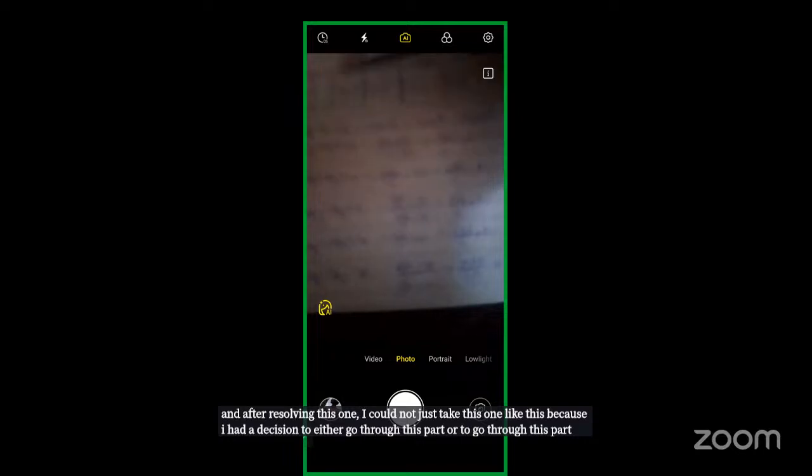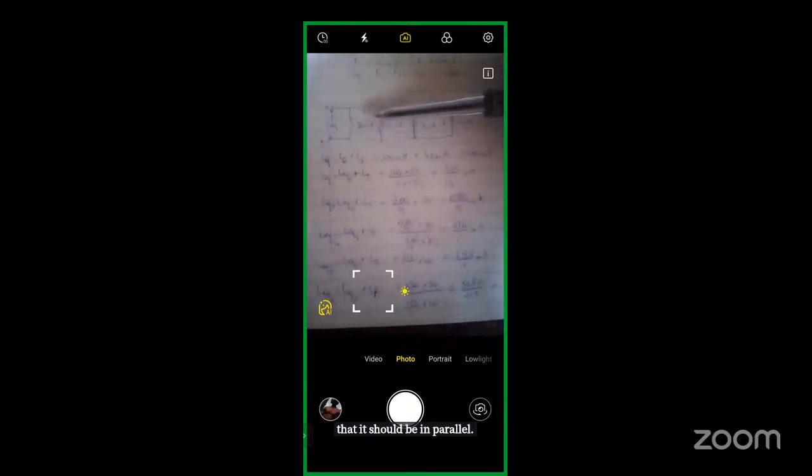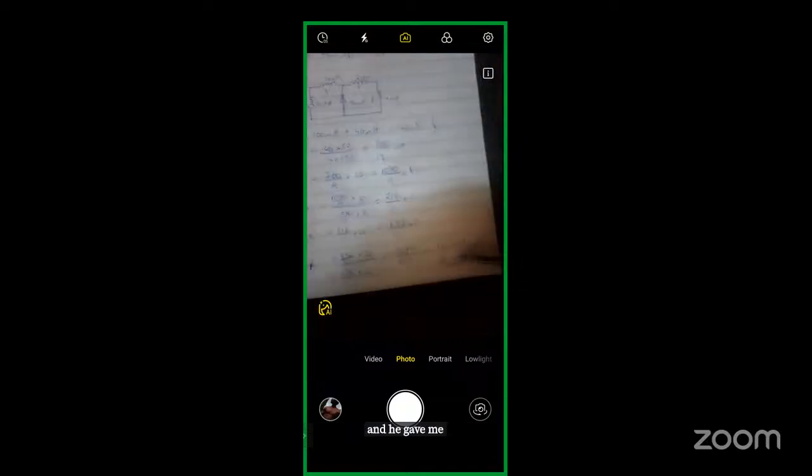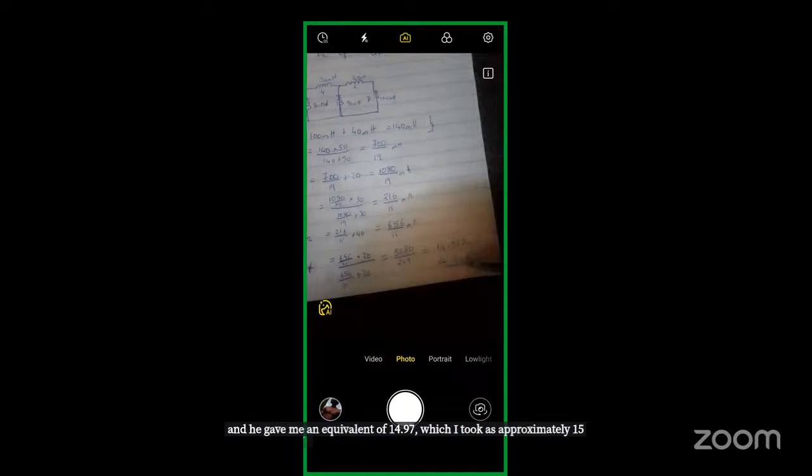So it left me with the decision that it should be in parallel. So I added it in parallel with my 20 millihenry, and it gave me an equivalent of 14.97, which I took as approximately 15 millihenry.